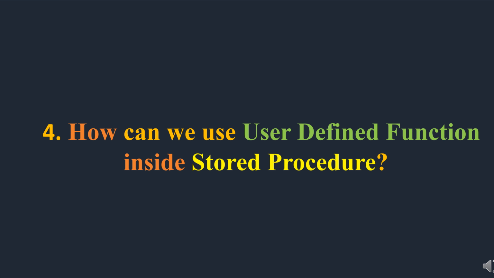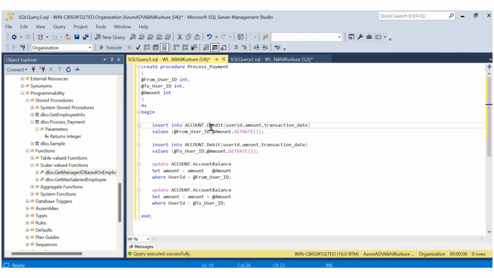How can we use a user defined function inside a stored procedure? Let's see now. Here the amount is an integer value, so the user can pass any value here, right? That amount should always be positive, correct? Am I making sense?